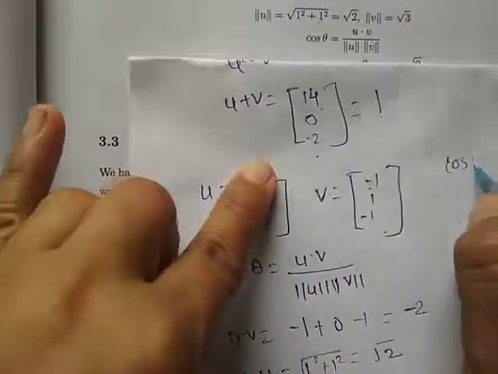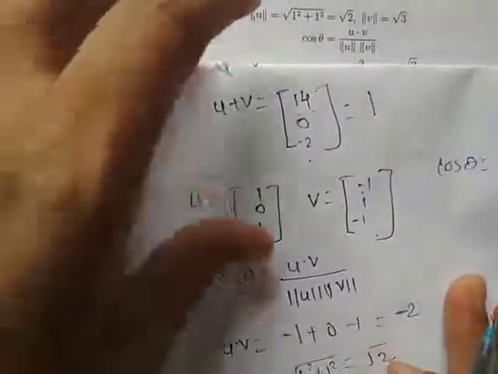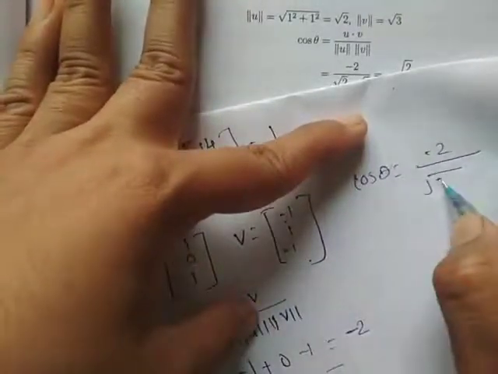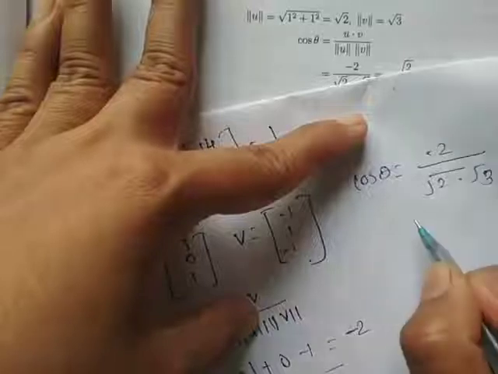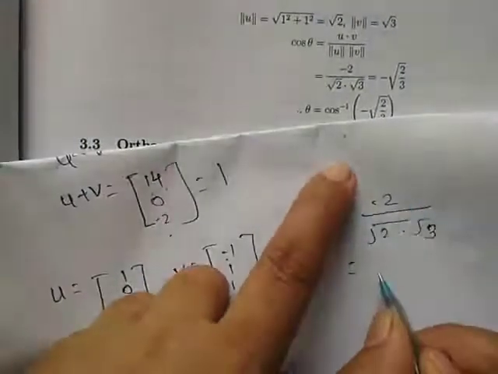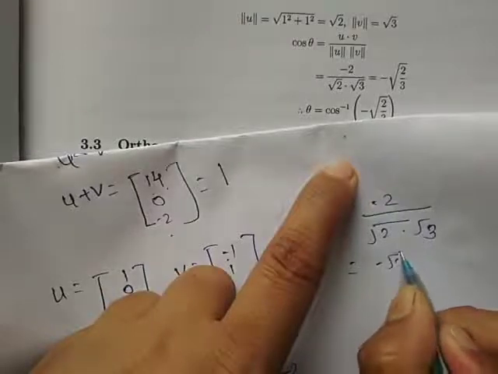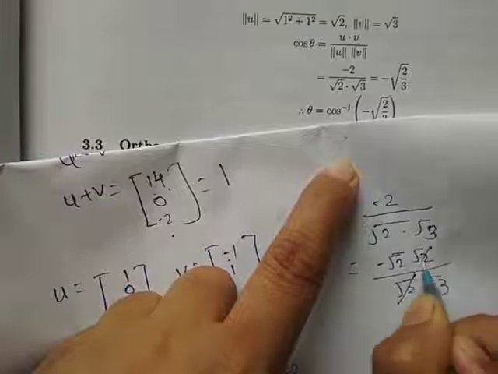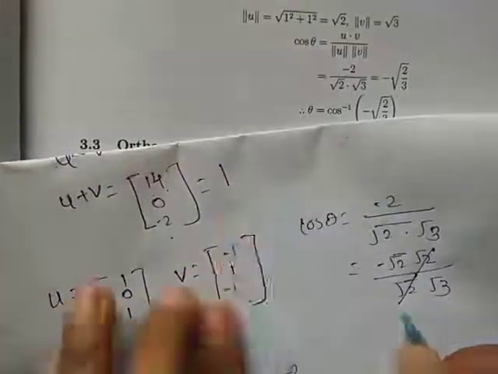So cos theta is equal to u dot v, which is minus 2, upon under root of 2 into under root of 3. This minus 2 can be written as minus root of 2 into root of 2 upon root of 2 into root of 3. This root of 2 gets cancelled.